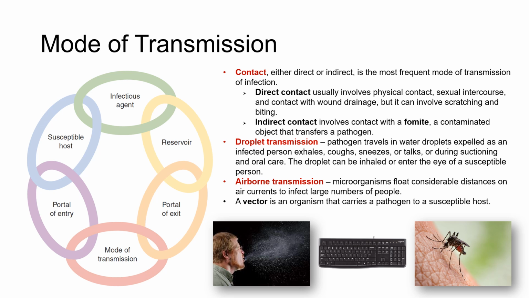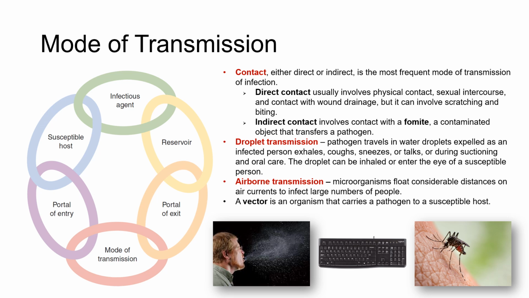So we have contact. This is when infectious material is either touched directly or indirectly touched, like with a fomite. Direct contact is, just as the name implies, physical contact: sexual intercourse, touching wound drainage.